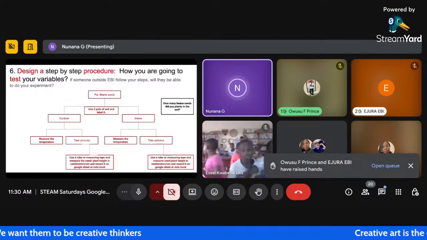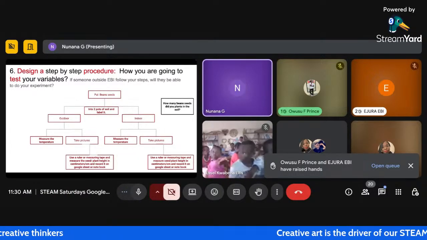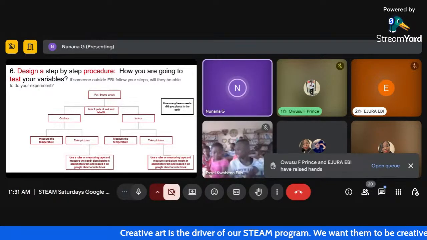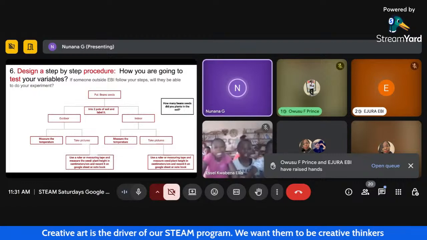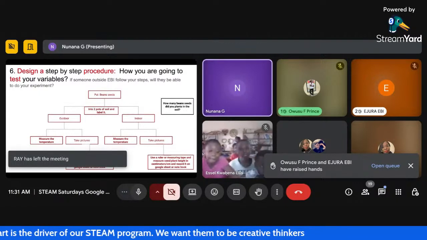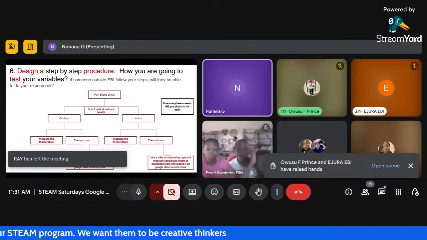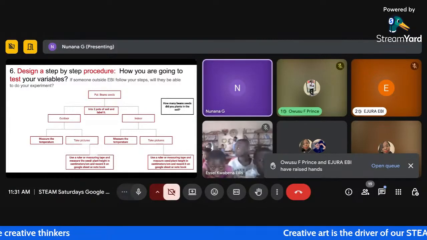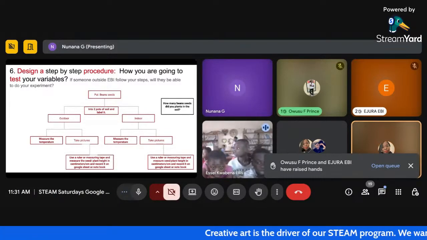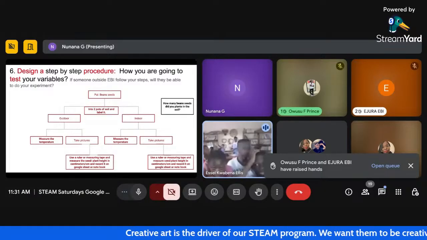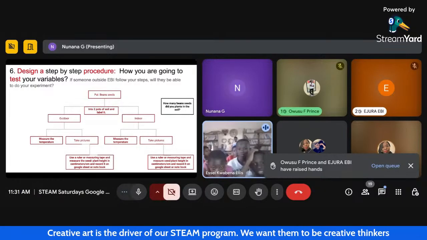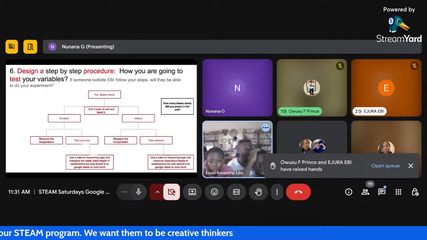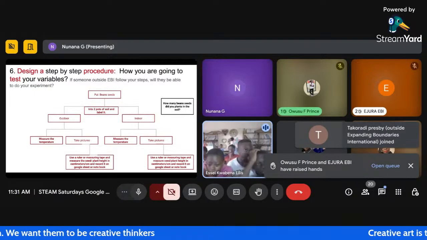So this is the step-by-step procedure. Okay, somebody tell me how they're going to start planting their seeds. Madam, please, you first fill the 2 containers with soil and label one.